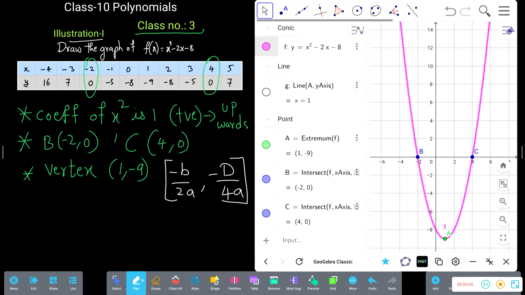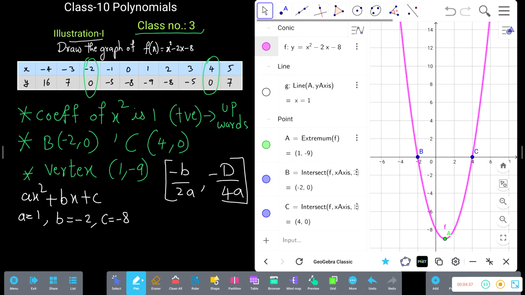So if we compare our polynomial with ax square plus bx plus c, what is a here? a is 1. What is b? Minus 2. And what is c? Minus 8.